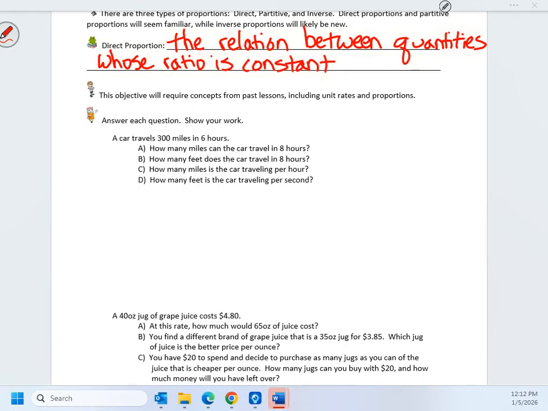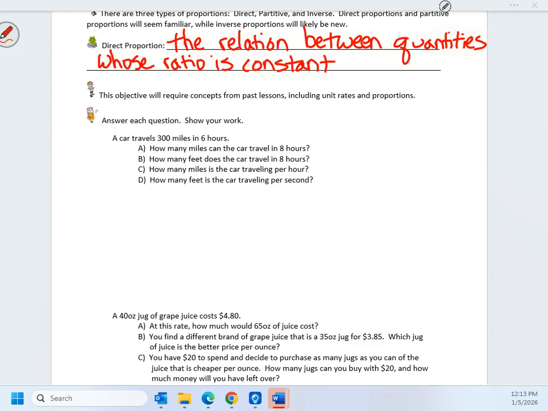This objective will require concepts from past lessons, including unit rates and proportions. Remember, if something is proportionate, you are multiplying by the same scale factor. Whatever you multiply the bottom by, you're multiplying the top by, right? We worked with those proportions in the last unit. We knew the 5 different ways to be able to prove that it's a proportion. So let's look at how we're going to break down these questions.